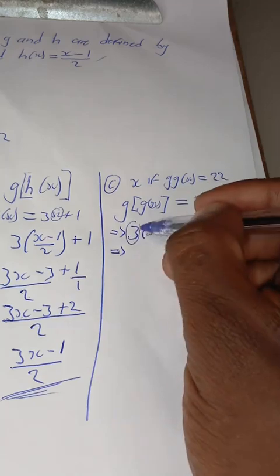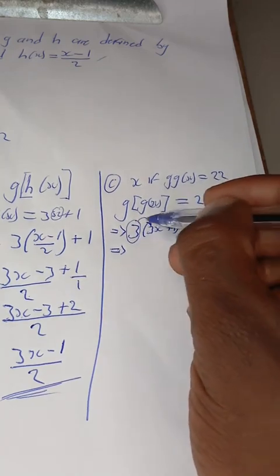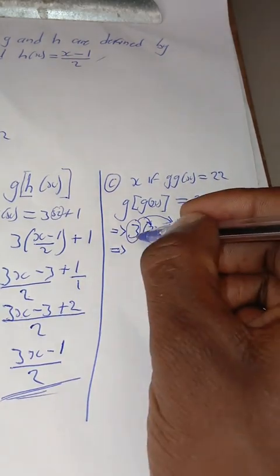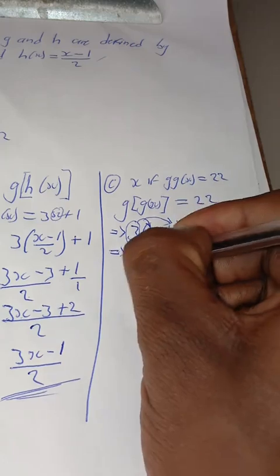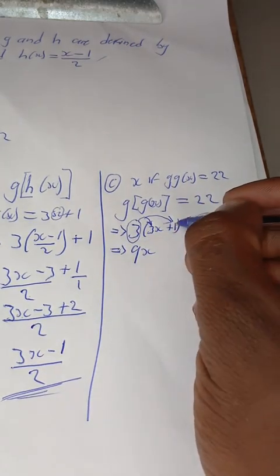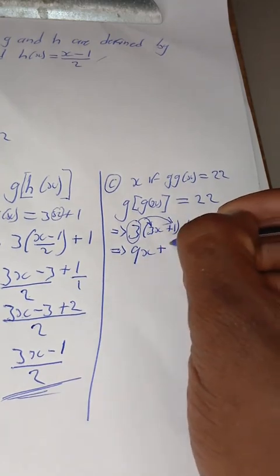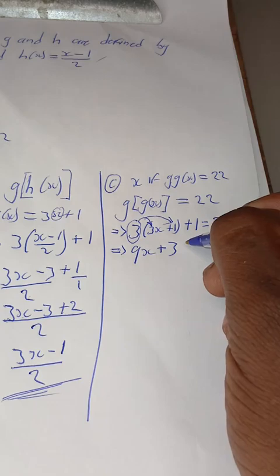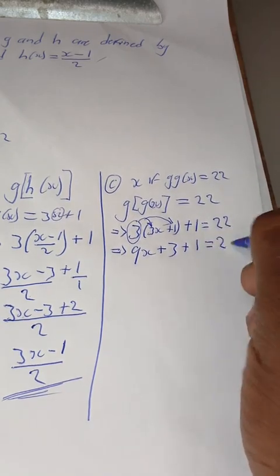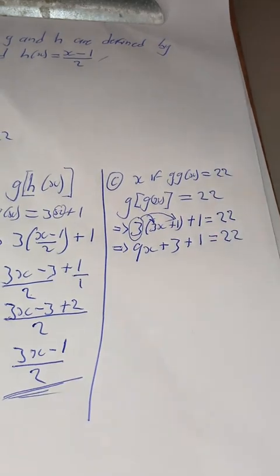So here we are saying this 3 should multiply this guy, and this guy should multiply this one. Right? So we're saying 3 times 3x gives us 9x. 3 times positive 1 gives us positive 3. Plus 1 equal to 22 from the question.